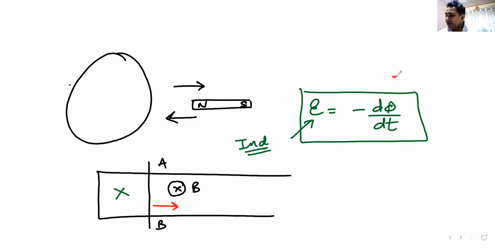This negative sign is given by Lenz's law. What does this Lenz's law state? You must be aware of this.